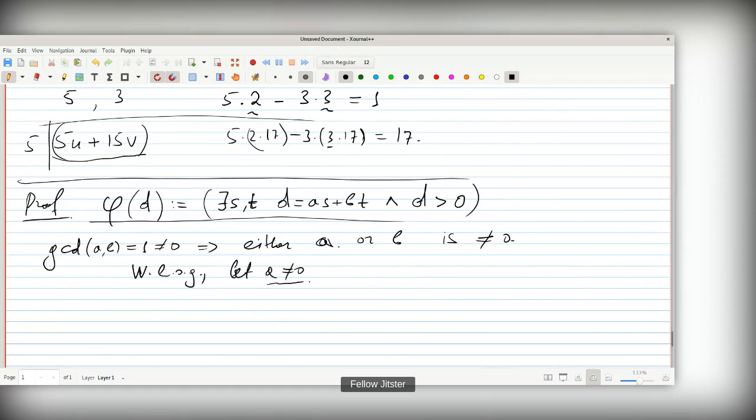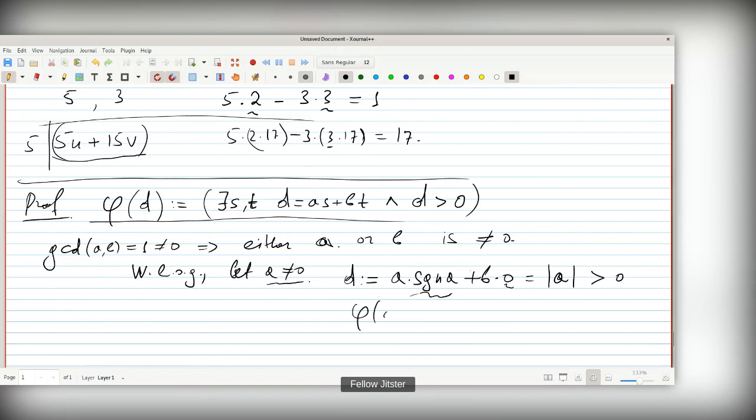If a is non-zero, we can take this number d equal to a multiplied by the sign of a, plus b multiplied by 0. So it equals the absolute value of a, which is positive.